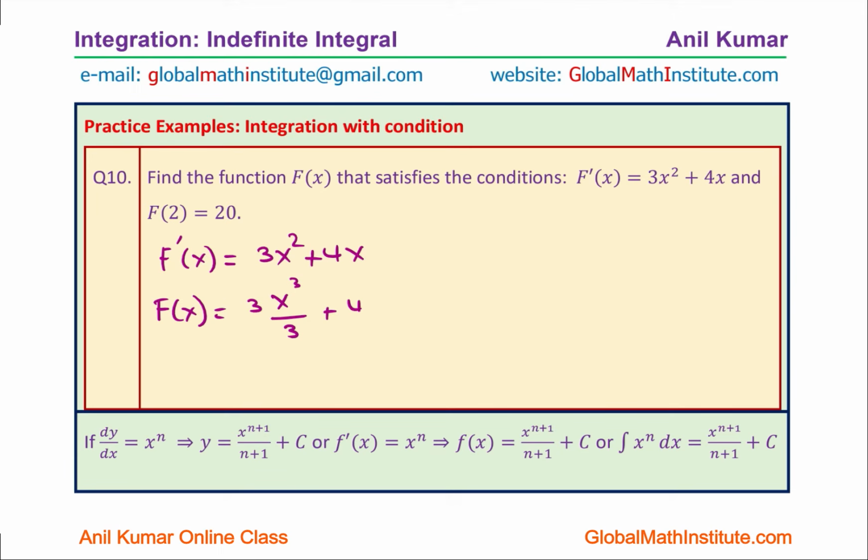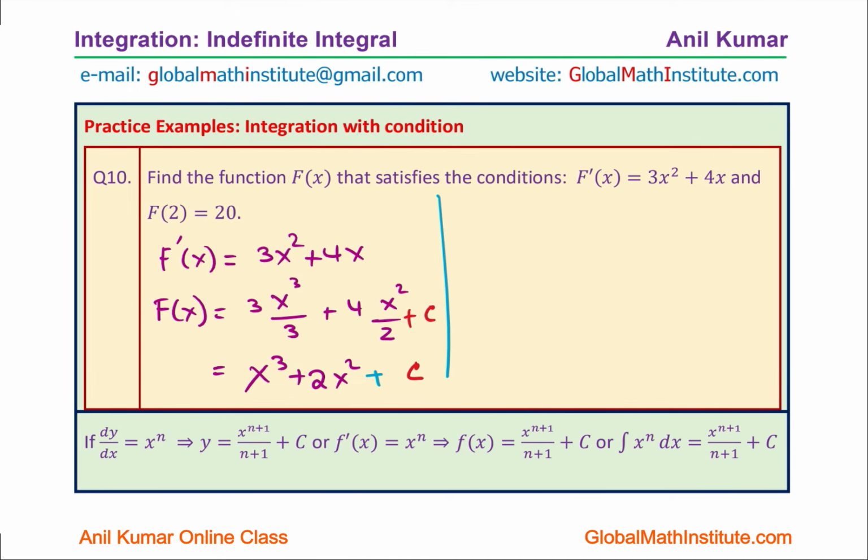Plus we have 4, x to the power of 2 divided by 2, correct? So the 3 and 3 cancel, and we get x cubed plus 2x squared. So that becomes the value of f of x in general, plus c, right? Let me write down plus c. We'll now find the value of c separately from the given condition.